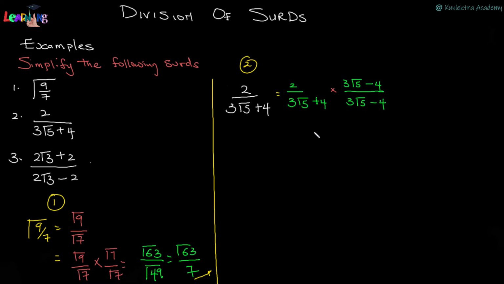This is how you go about it. Anytime you have fractions with surds, you can rationalize by multiplying the numerator and the denominator by its conjugate.